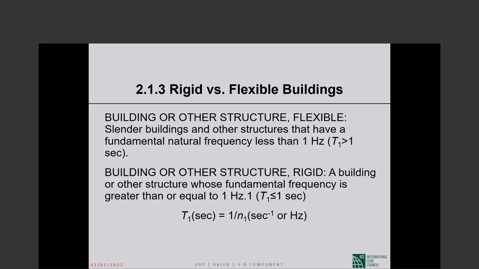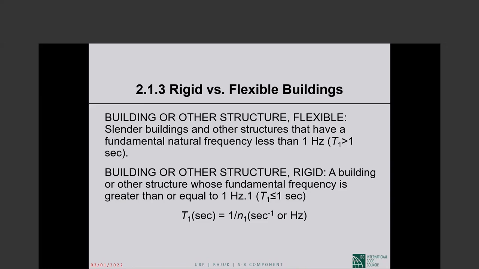Please remember the way I said it first. A structure with a fundamental period T sub 1 larger than or equal to 1 second is a flexible building. If it is smaller than 1 second, then it is a rigid building. So I probably put the equal sign in the wrong place.